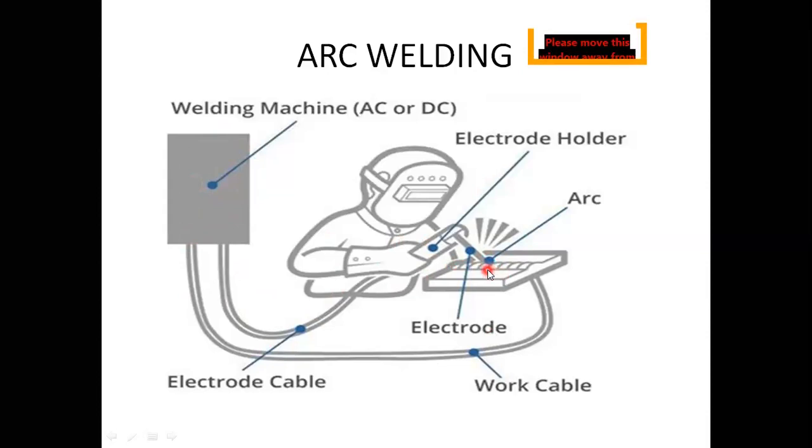Arc means if you put positive voltage at one electrode and negative voltage at the other, connected to zero, then when the two electrodes come near without touching, it creates an arc, just like a spark.